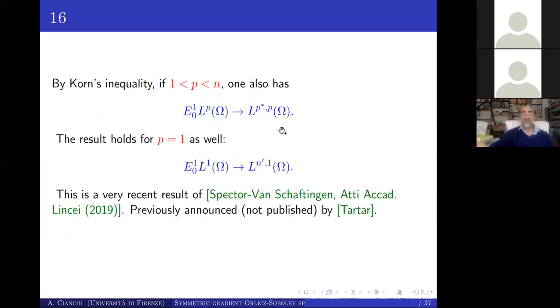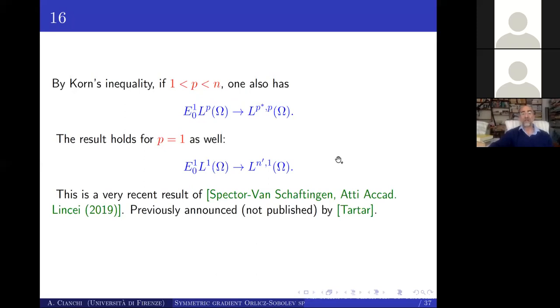But what is interesting is that the corresponding embedding for p equal to 1 is also true, again, even if this space here differs from W 1,1 zero. So this embedding holds, which is nothing but this one with p equal to 1.